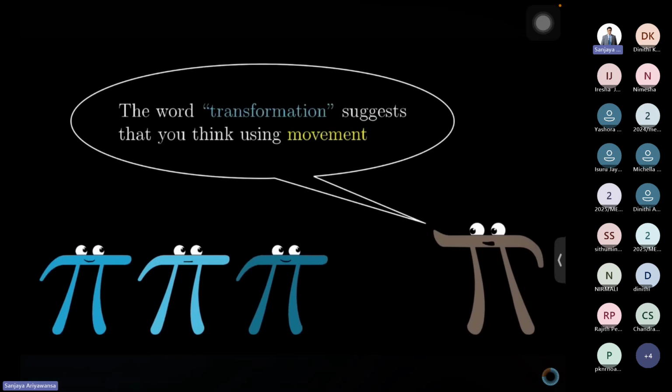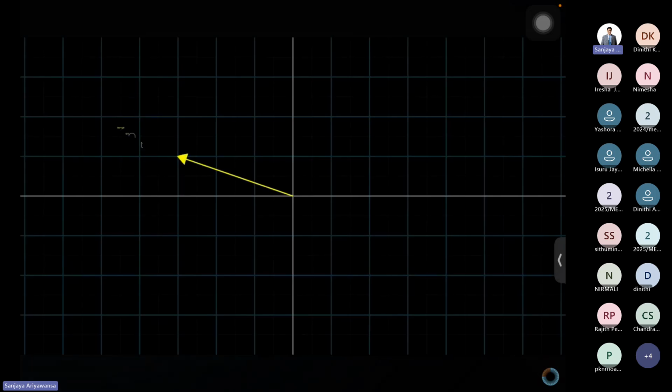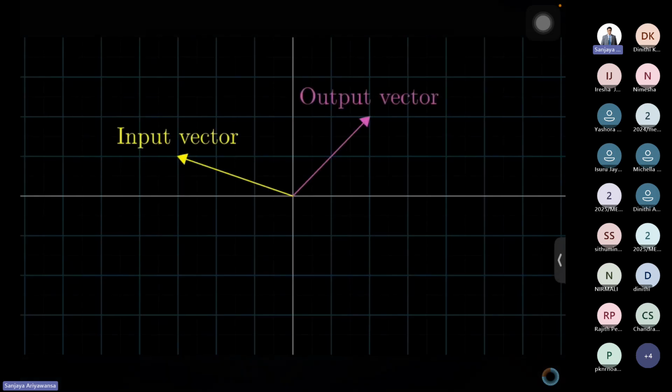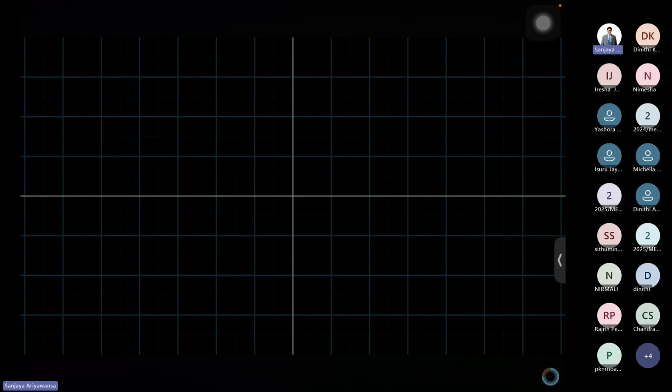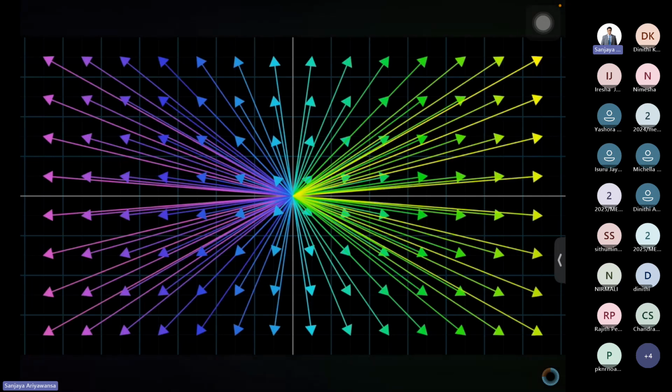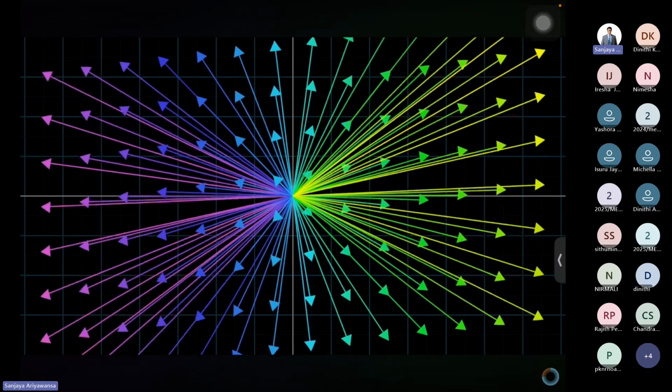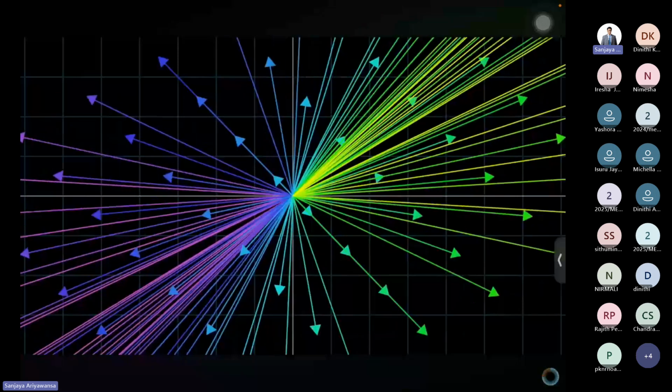You see, a great way to understand functions of vectors is to use movement. If a transformation takes some input vector to some output vector, we imagine that input vector moving over to the output vector. Then to understand the transformation as a whole, we might imagine watching every possible input vector move over to its corresponding output vector.